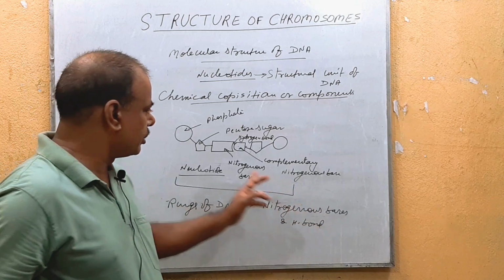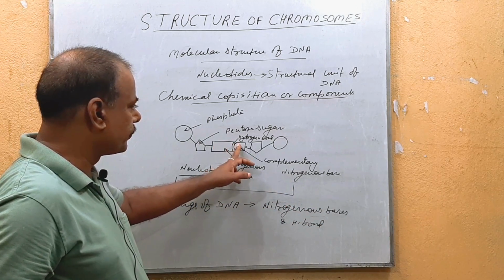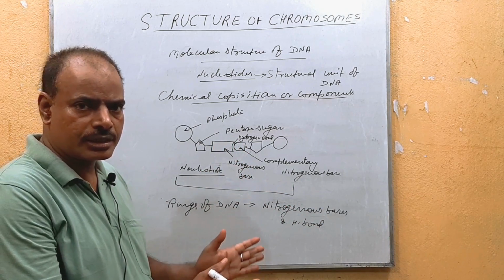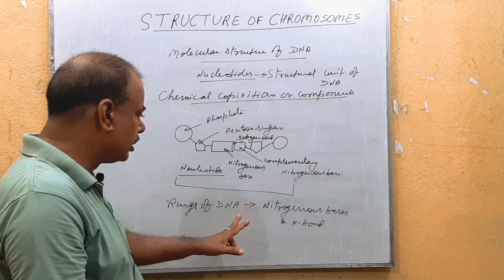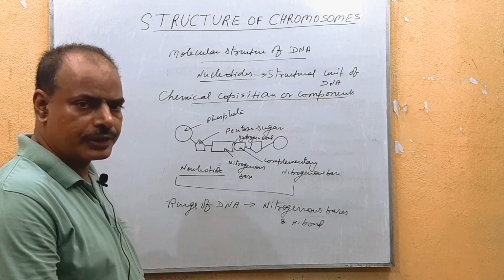These are the two nitrogenous bases, and these two nitrogenous bases are combined together by hydrogen bond, and in this way it forms a rung of DNA.